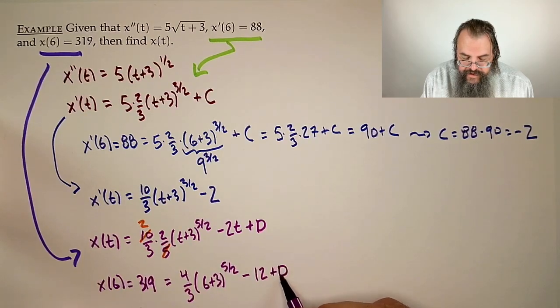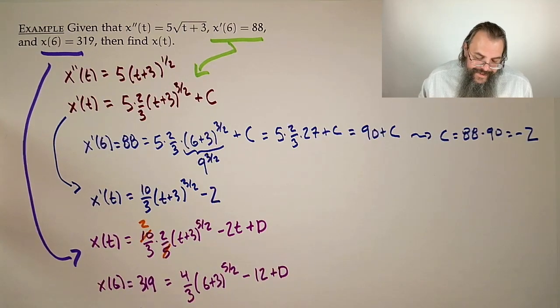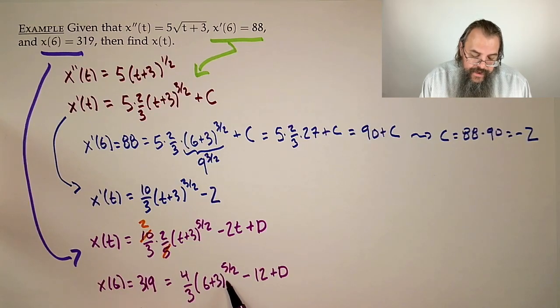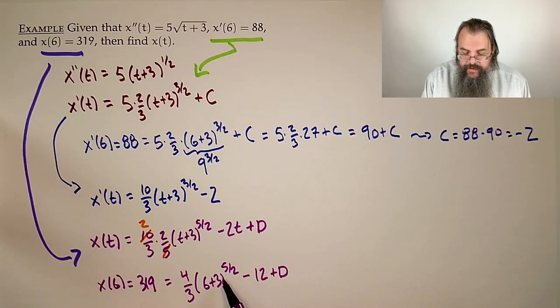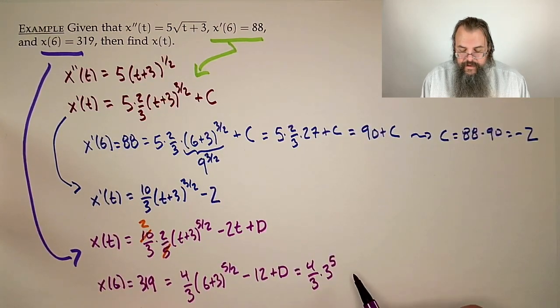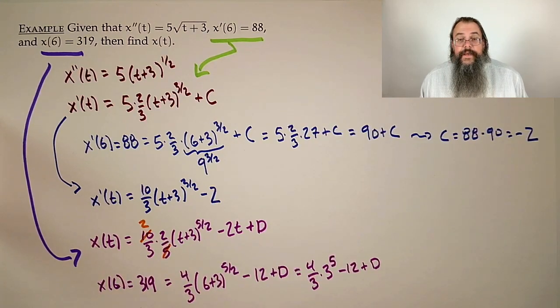And then plus this unknown value d. Let's clean it up. 6 plus 3 is 9. The square root of 9 is 3. We've talked about that before. So we could write this as 4 thirds times 3 to the 5th, and then minus 12, and then plus our unknown constant d.